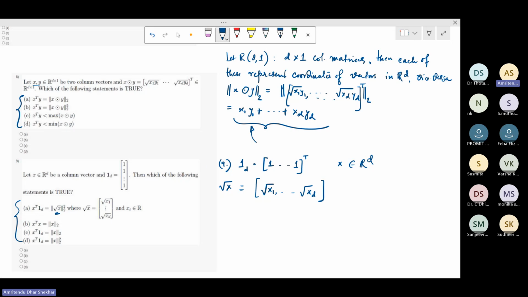Note that each of these xi's would have to be non-negative for this to make sense. And now if you take the norm of this, that is equal to x1 plus through xd.